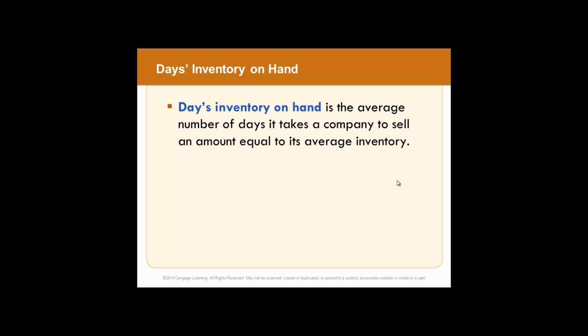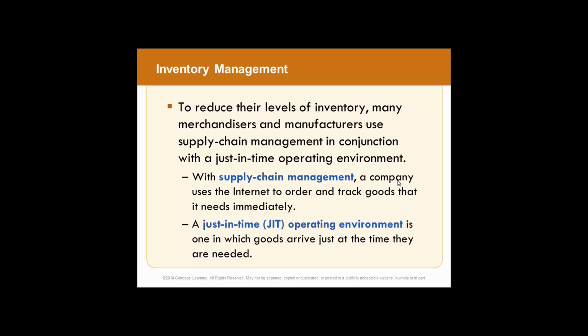If you have 365 days of inventory on hand, clearly you're overproducing and your product's not going anywhere most of the time. To reduce levels of inventory, many merchandisers and manufacturers use supply chain management in conjunction with a just-in-time operating environment. Supply chain management is when a company uses the internet to order and track goods that it needs immediately.